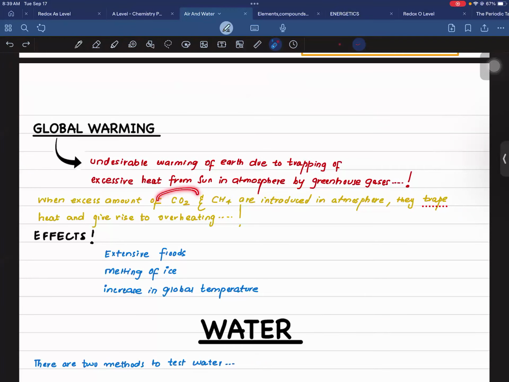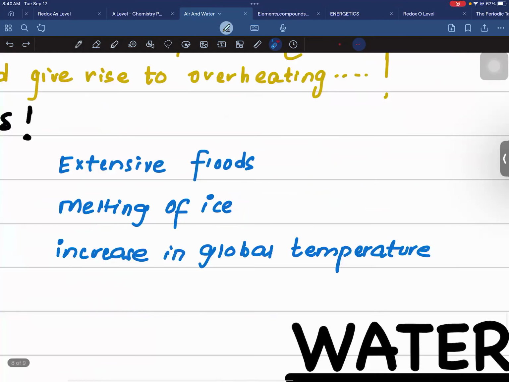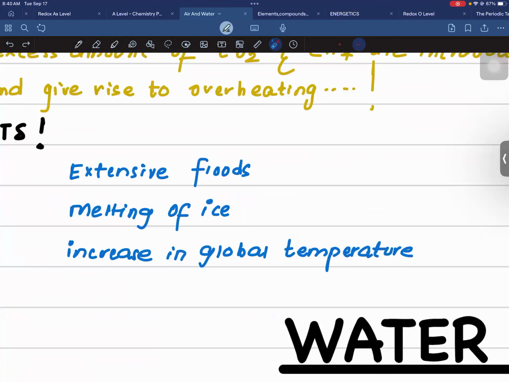When excess CO2 and CH4 are introduced into the atmosphere, they trap heat and give rise to overheating. So what are the effects? Extensive floods, melting of ice, and an increase in global temperature, an average of 1 degree Celsius each year. These are the adverse effects of global warming: we would be facing a lot of floods due to the melting of glaciers and the increase in global temperature.